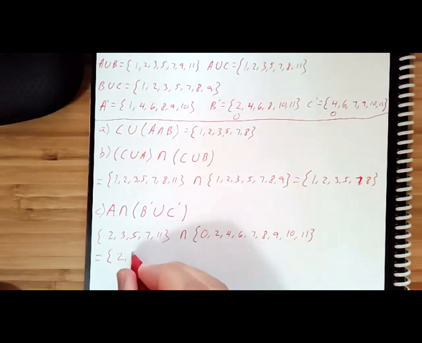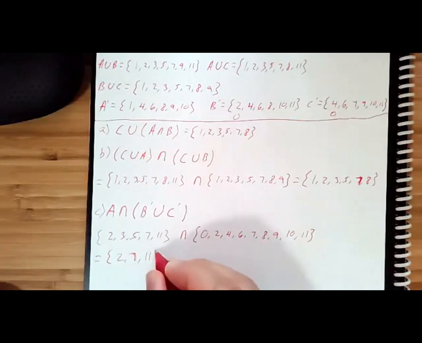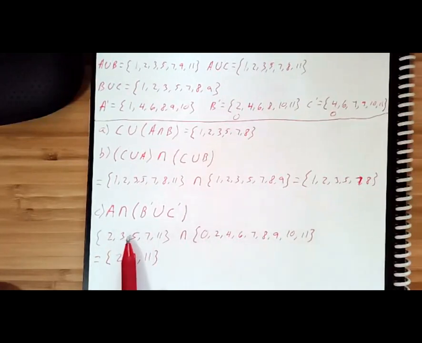Yeah. 7. 11. I think that's it, right? 2, no 3 in common, no 5 in common. So yeah, this will be it.